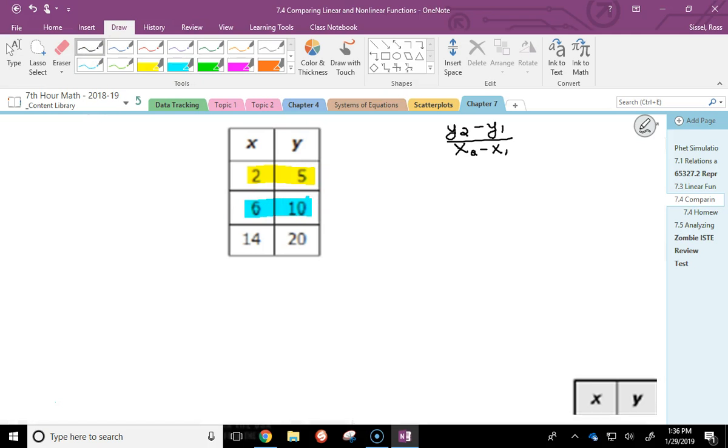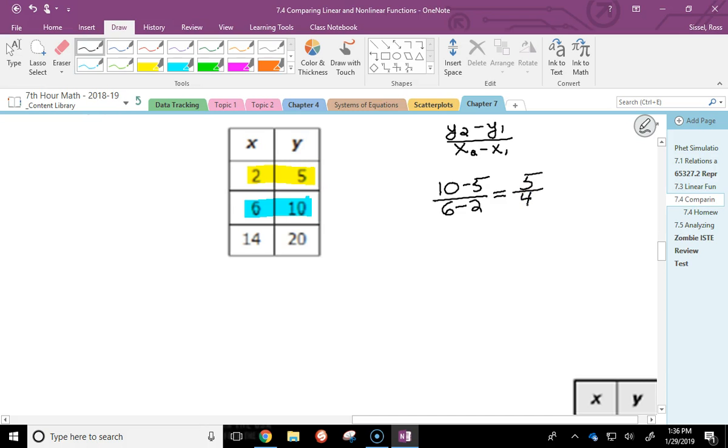I'm going to find the slope between these 2 points. This is x1, y1, x2, y2, because that's the order they came in left to right. So this would be y2. I'd say 10 minus 5, 6 minus 2. And I found that my slope was 5/4.